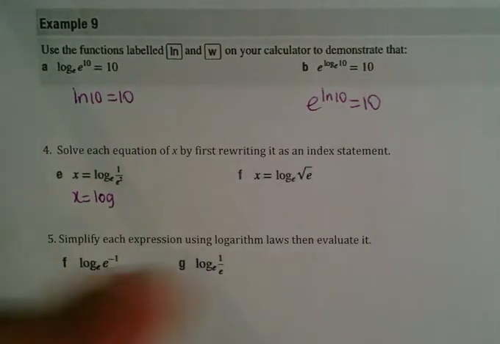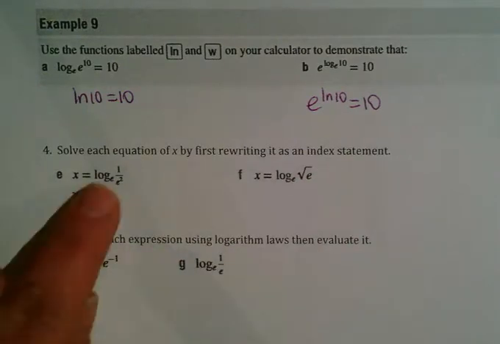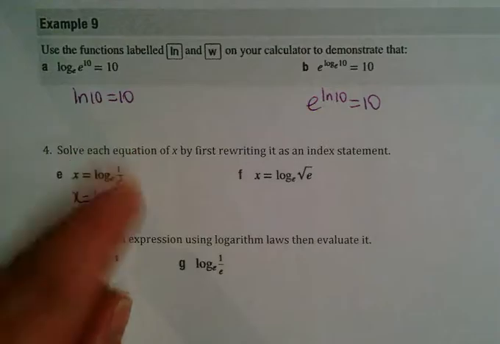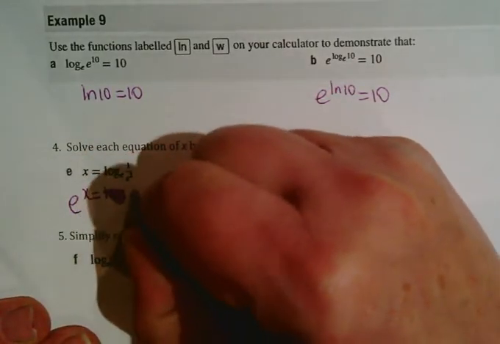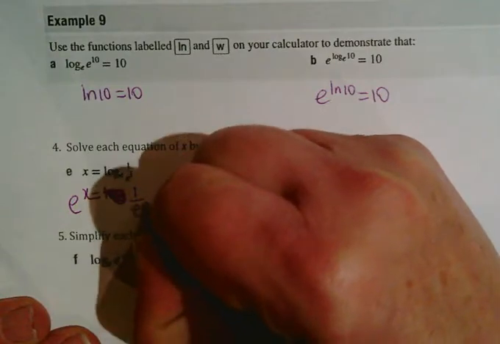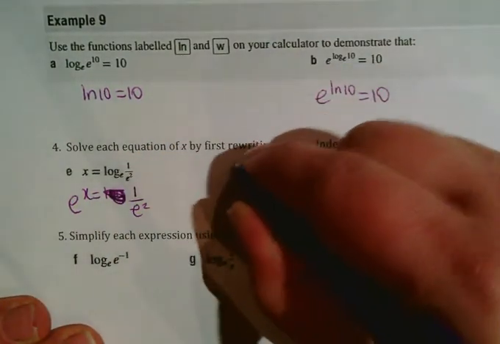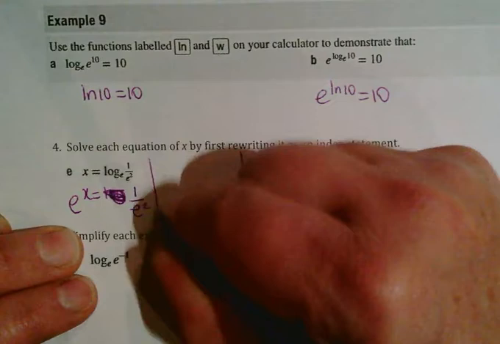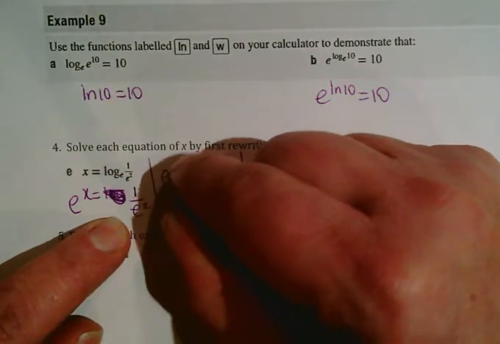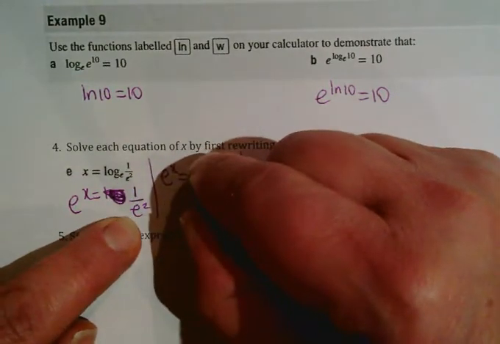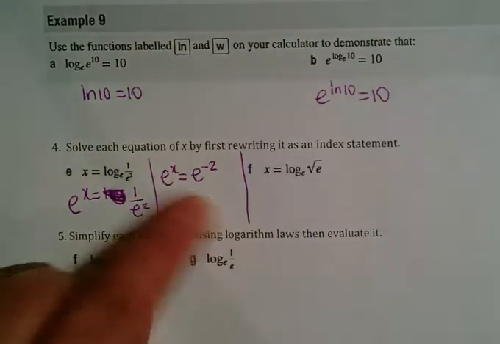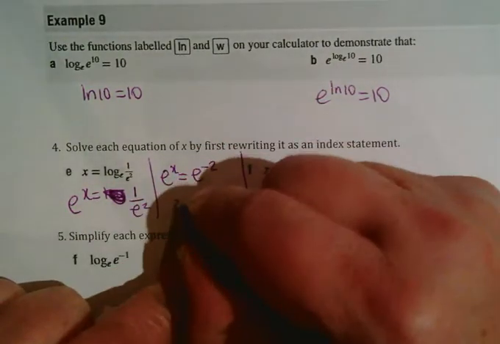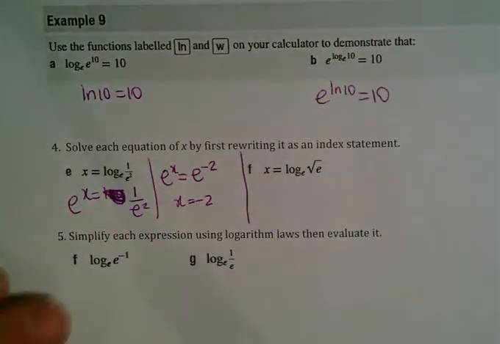If we want to write it as an index statement, we know that e is the base, so we would get that e to the power of x is 1 on e squared. Just writing them both in the same format, e to the power of x, and 1 on e squared is e to the -2. Now equating those two, bases are the same, so therefore x is -2.